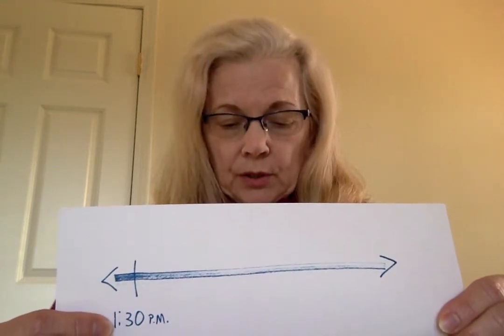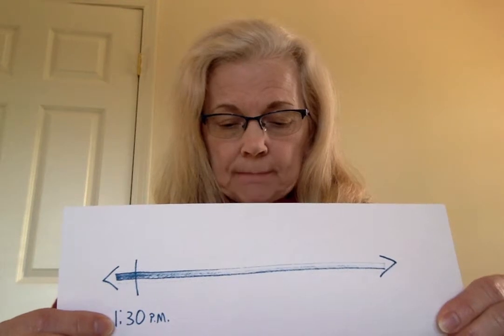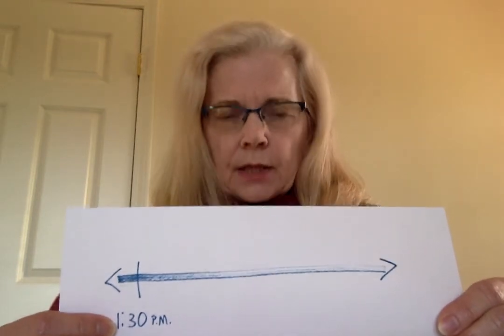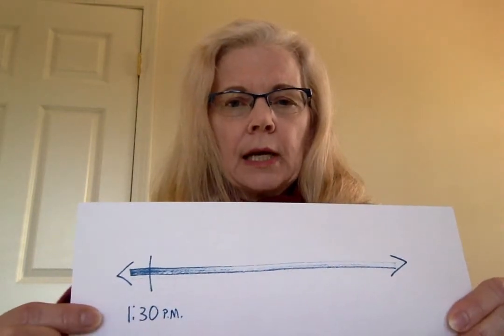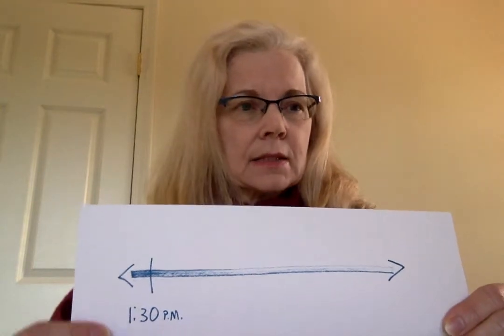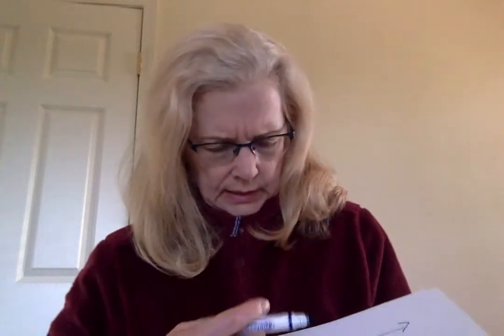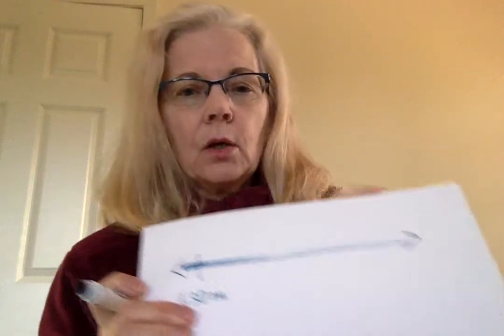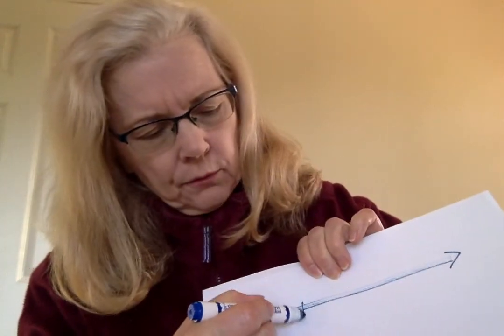Draw and label the jumps to show the minutes. I think I might want to count by tens. So if I start at 1:30, 10 minutes later would be 1:40.